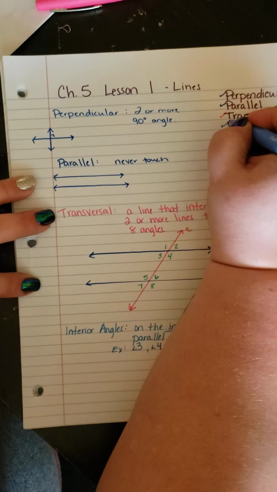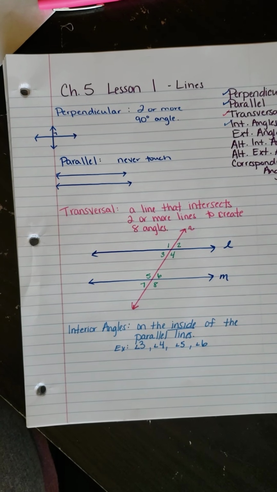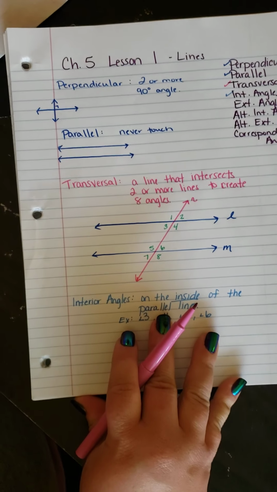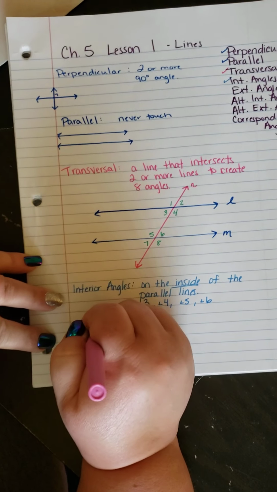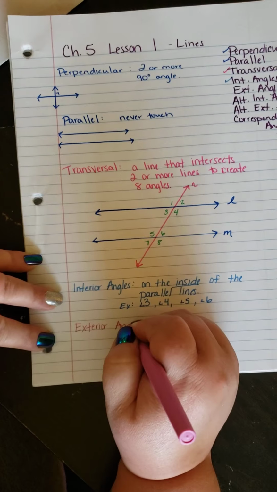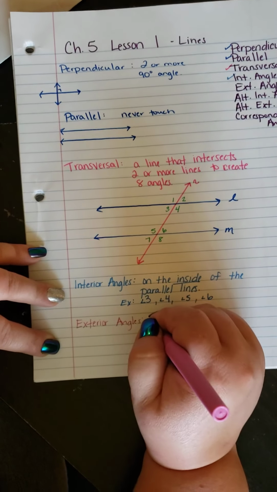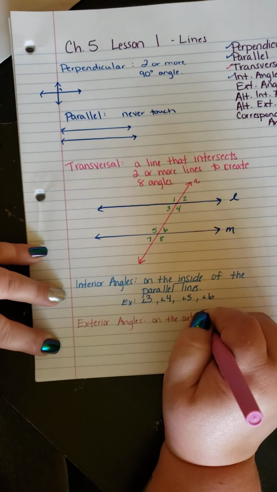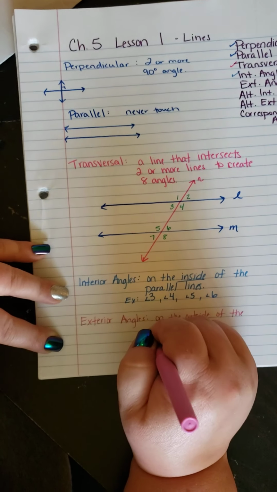Okay? Exterior angles. I'm going to run out of colors, but that's all right. Move it on up here a little bit. Exterior angles. If interior are on the inside of the parallel lines, exterior are on the outside of the parallel lines.